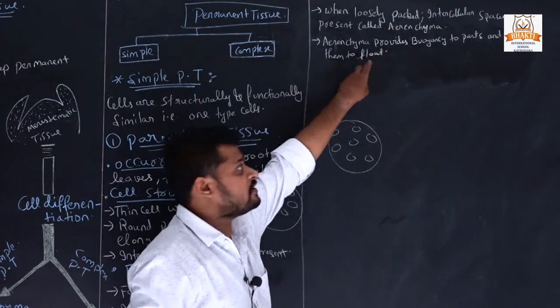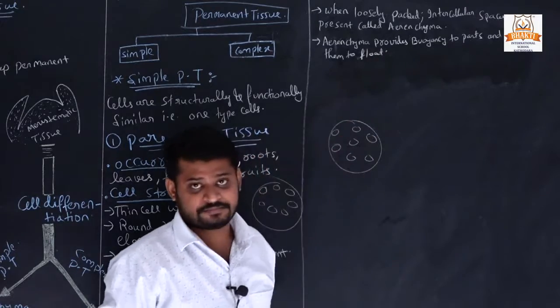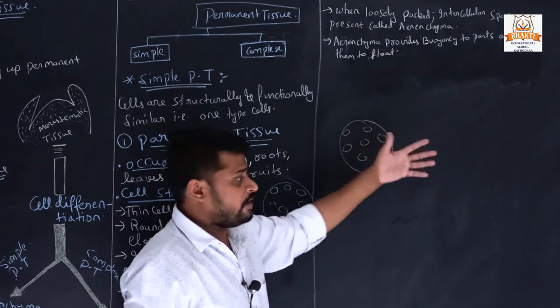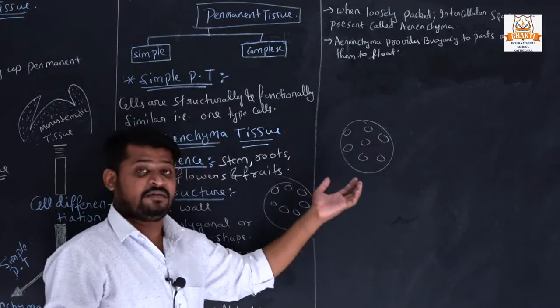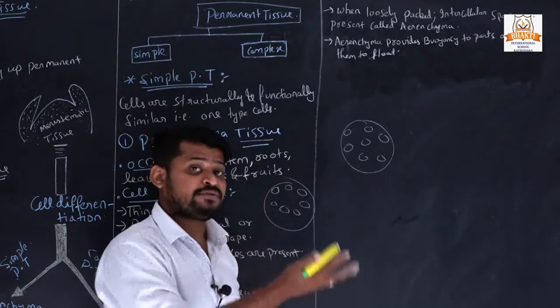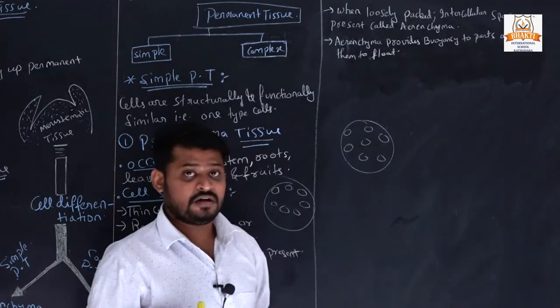In that case we call it aerenchyma. Aerenchyma provides buoyancy to parts and helps them float, even on dense water.